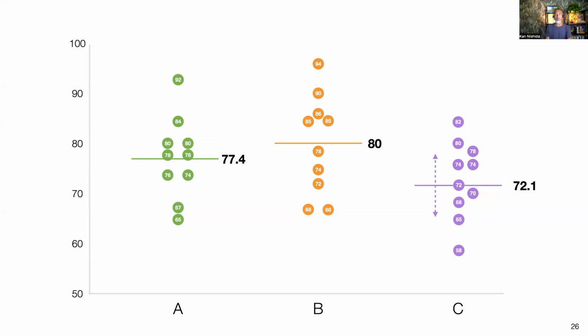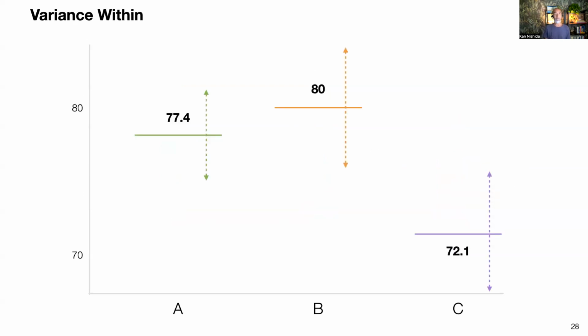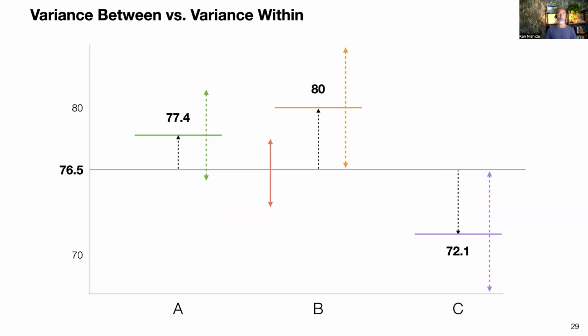Okay, so we calculate that for each group. So these are basically the variance within. This is variance within, the green, orange, and purple dotted lines. And then the variance between is the red vertical line.